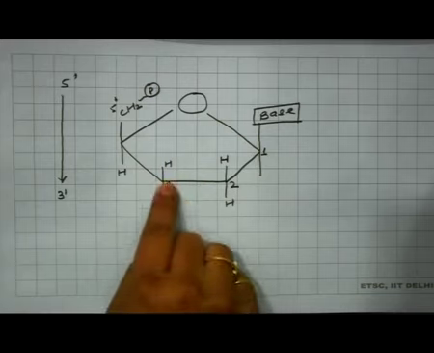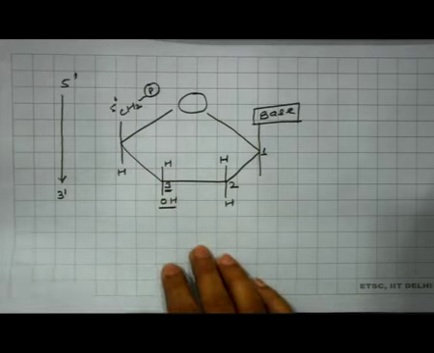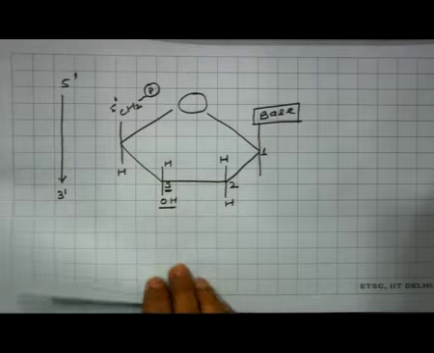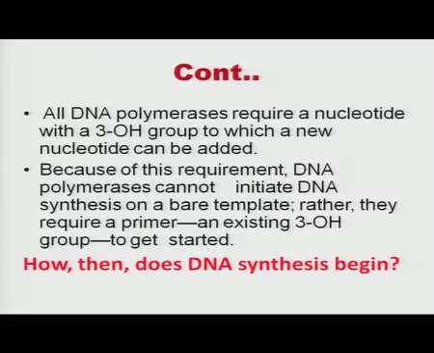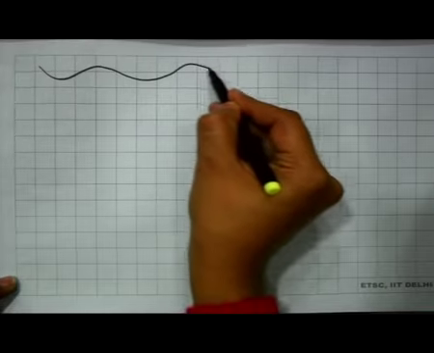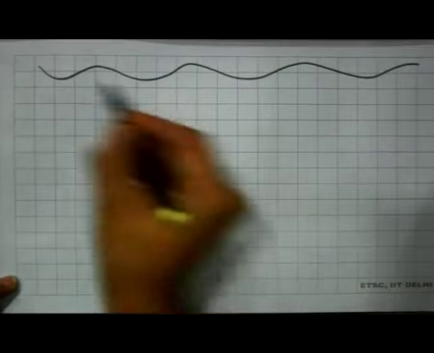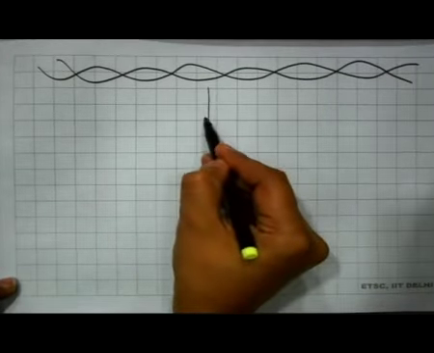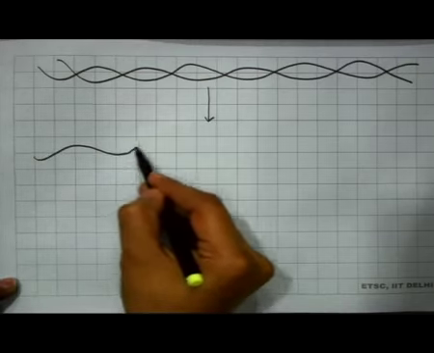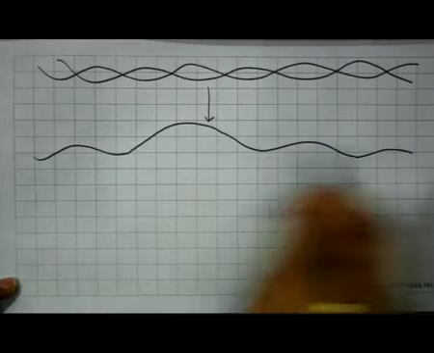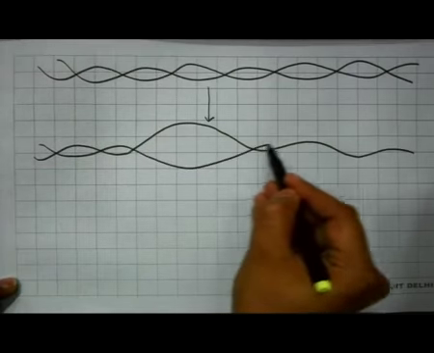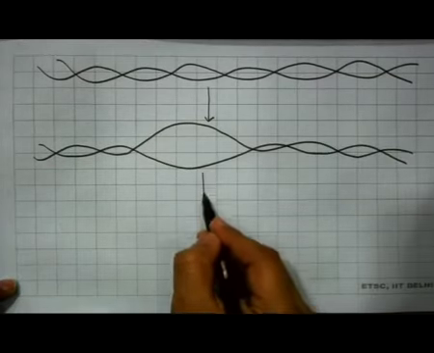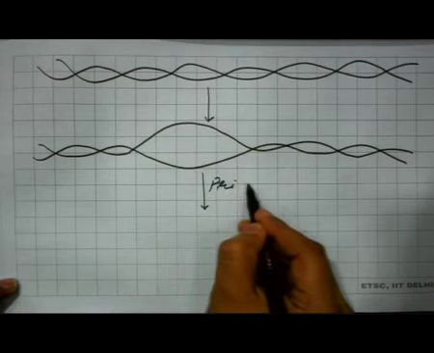Without this 3 end, the polymerase cannot add the nucleotides. Now, how is this 3 end OH group being provided to the DNA? This problem of DNA polymerase is solved by an enzyme called Primase.